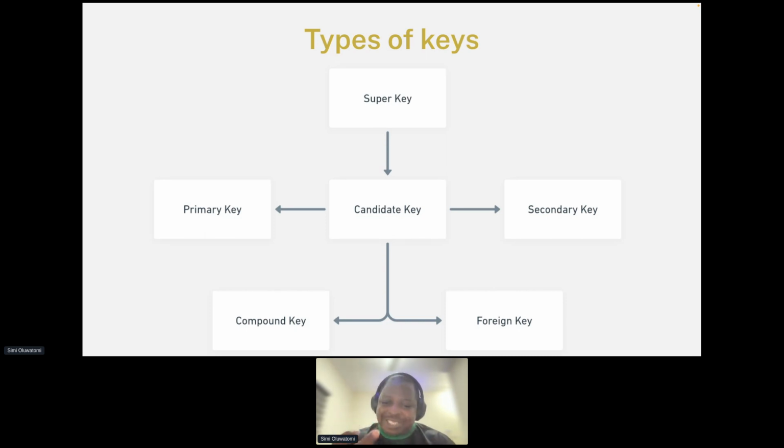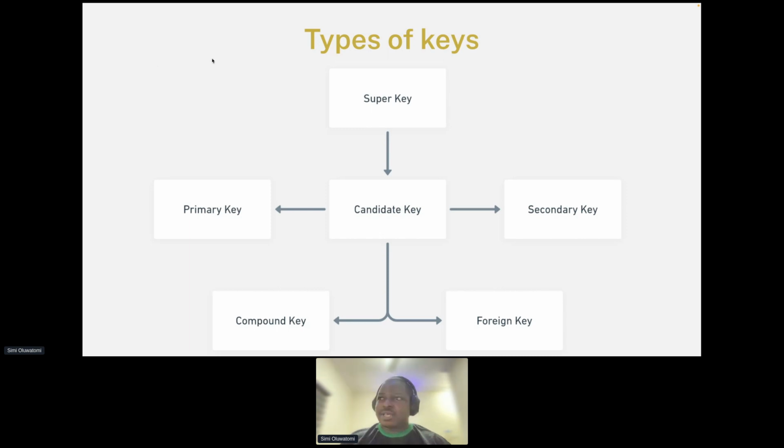So combined together, we can say the father's DNA and the mother's DNA are the compound keys of a child. Now, what is a foreign key? A foreign key is simply your primary key in another database table. Simple. So I hope that I have been able to explain the keys and that we are following along.